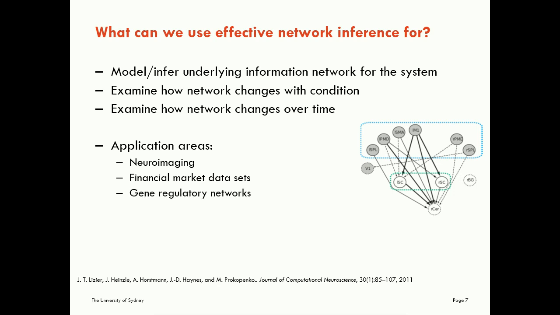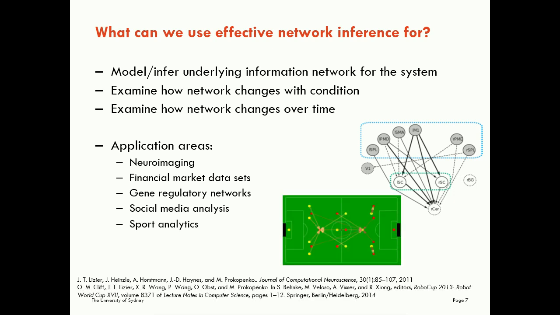There are lots of different other application areas. For example, network inference is very strong in gene regulatory network research, for example, as well as social media analysis. This is a very hot area for applying transfer entropy to try and infer social network structure from activity alone. We also see this coming up in sport analytics.